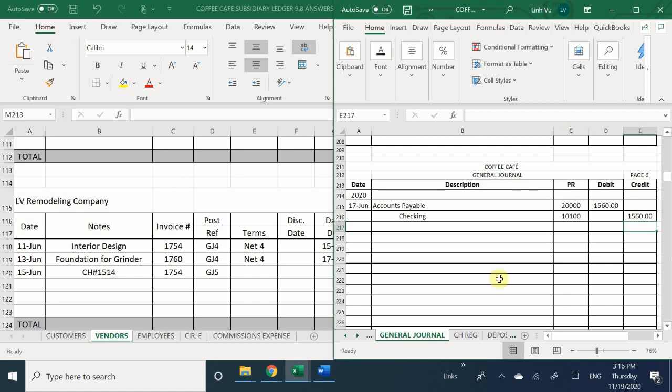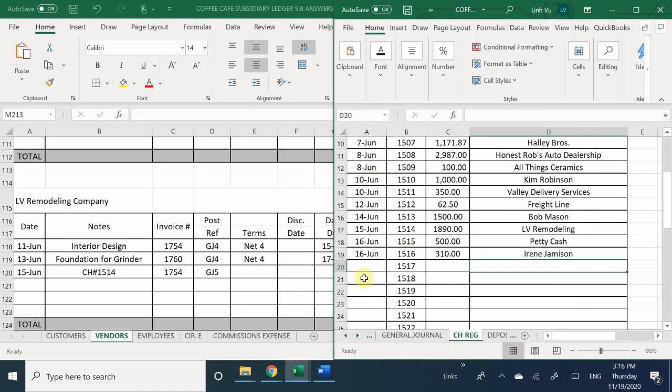And then we have to write the check, or get the check number, I should say. So check number 1517 for $1,560 is for LV Remodeling. Okay.